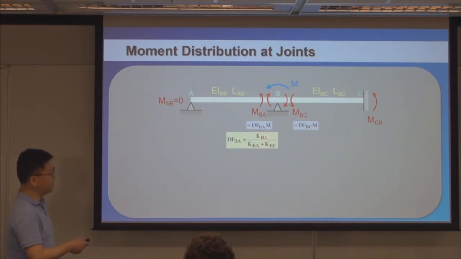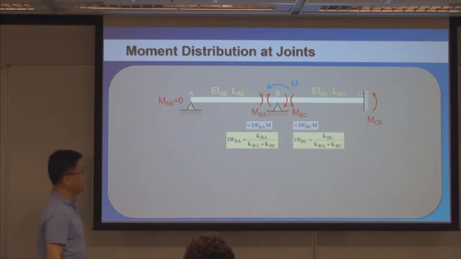So this is the stiffness coefficient here, and this is the stiffness coefficient here. So you have a stiffness coefficient from component BA and then the stiffness coefficient from component BC. Similarly, DFBC is the stiffness coefficient here divided by the summation of the stiffness coefficients here and there.